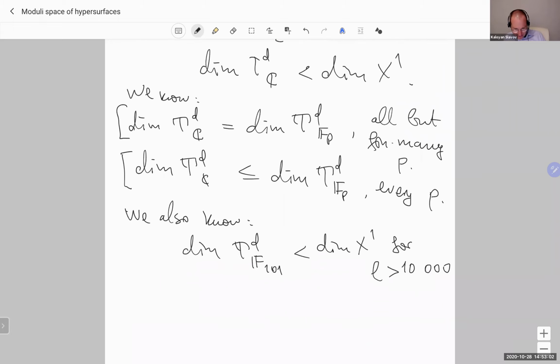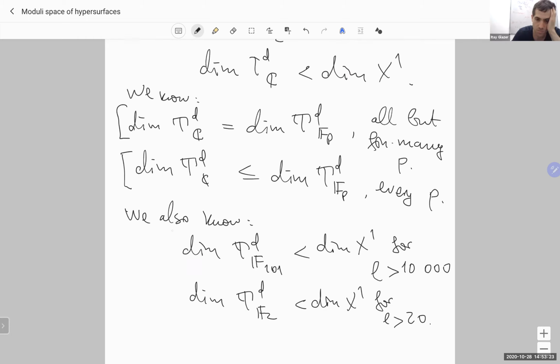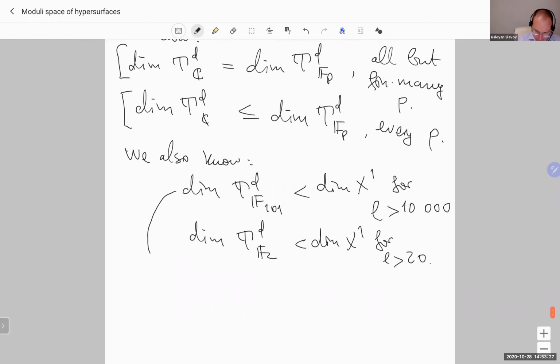Now let's see. Dimension of TD over F2 less than dimension of x1. No, I don't find it obvious. Maybe so. Let's say dimension of TD over F2 is less than dimension of x1 for L greater than 20, maybe. The question is, does this also hold for L greater than 20?